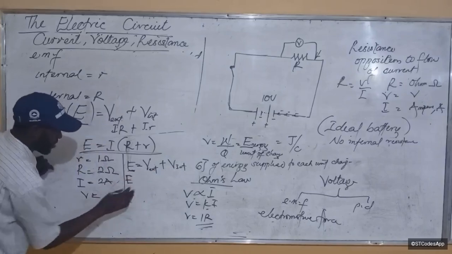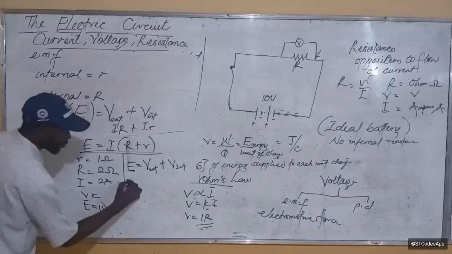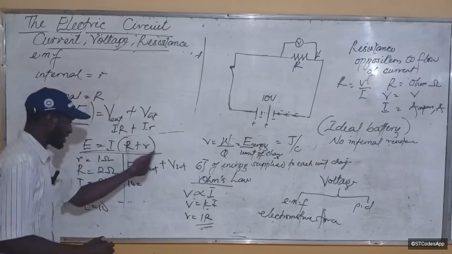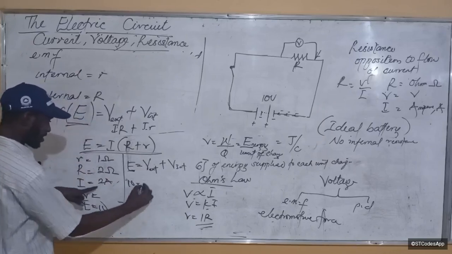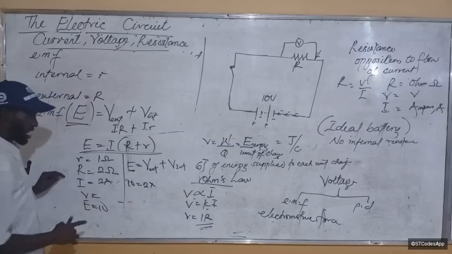The total EMF, we know, is 10 volts. So 10 will be equal to V external, which is I times R. What is I? It's going to be 2, because it's the current throughout the entire circuit.